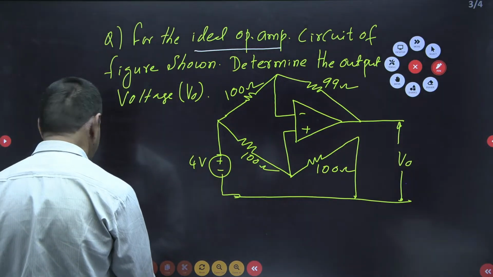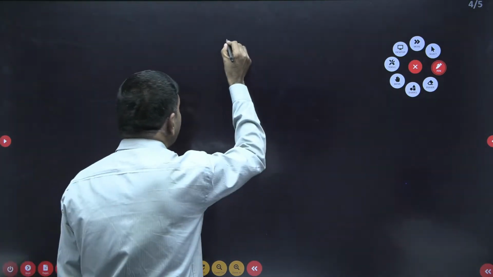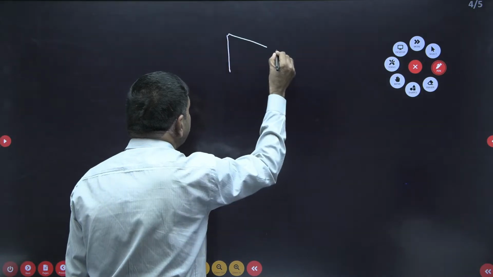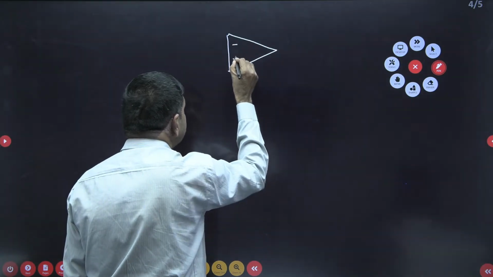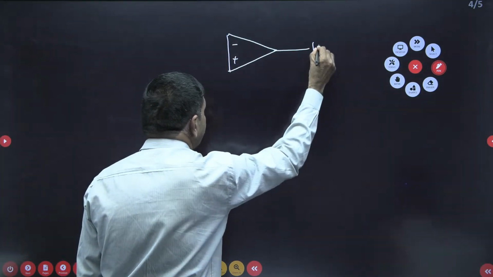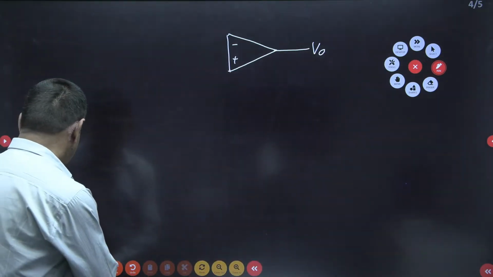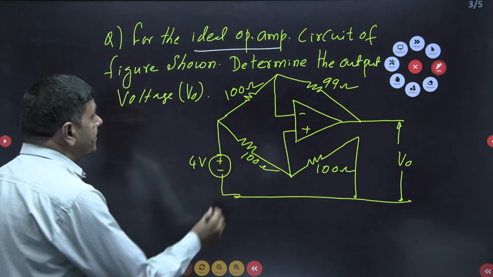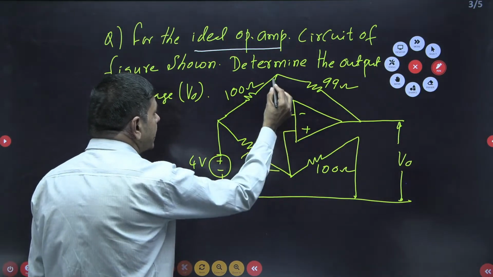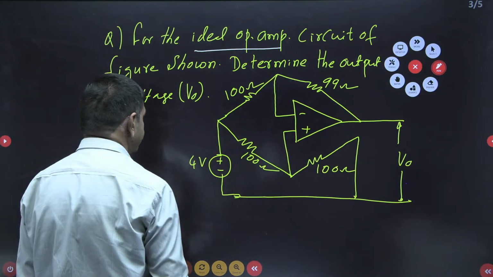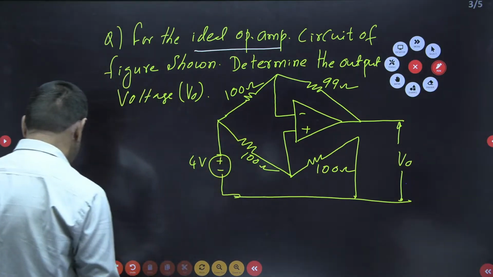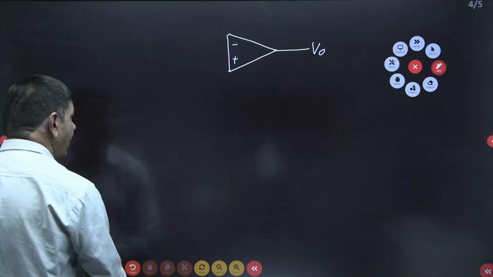You can understand. There is an op-amp. This is minus, this is plus. I want to get the V0 value. In the problem, this negative terminal is connected to what? 100 ohms on this side. Yes, I will connect the 100 ohms on this side.